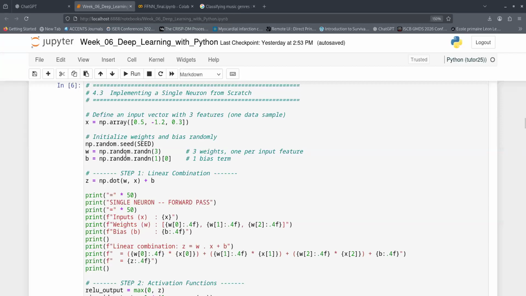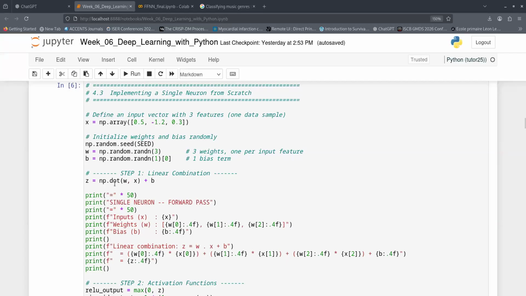We give random values using the function randn, with 3, so it gives us 3 weights randomly, one per input feature, and also one bias term.